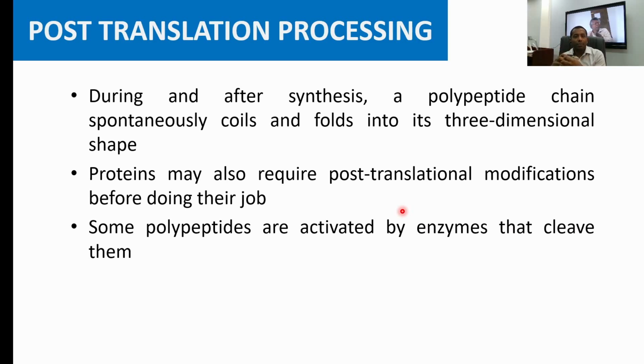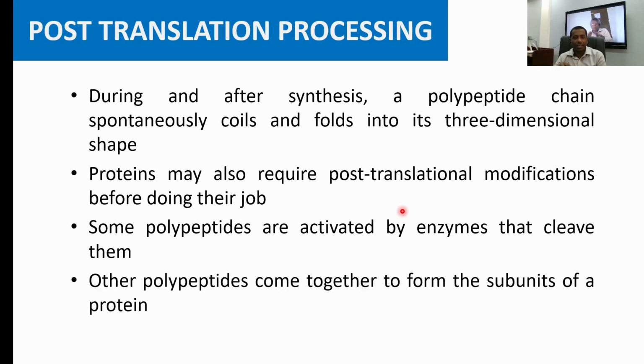Some polypeptides are activated by enzymes that cleave them as well. Other polypeptides come together to form the subunits of a protein. So a protein can be made of several subunits made of different polypeptides.